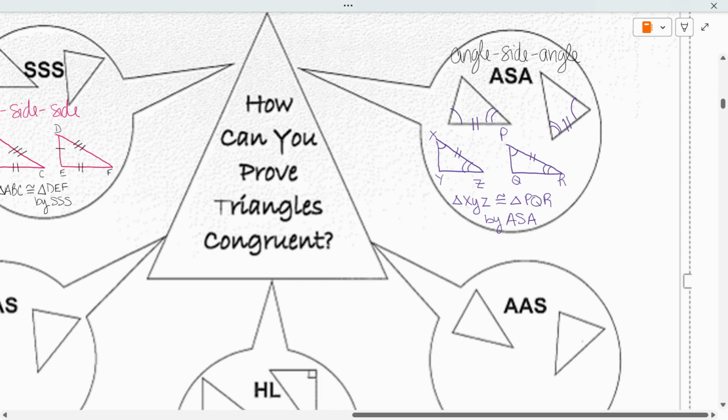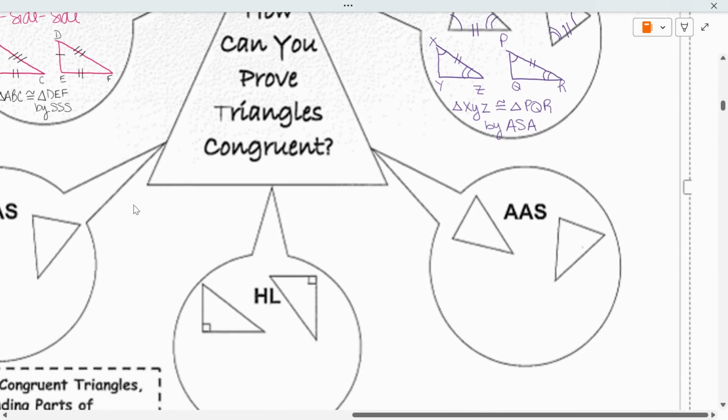You can't use angle, side, angle if the congruent side does not lie between the two congruent angles. Do you guys remember that from Math 2? Hopefully you did. This is the same foldable or graphic organizer we used in Math 2.